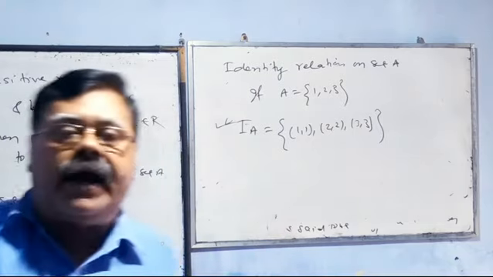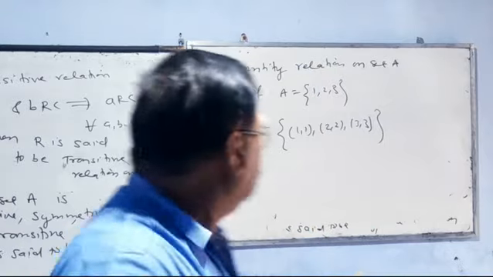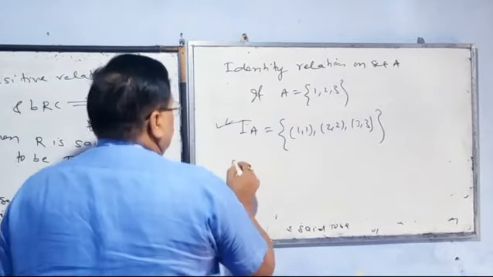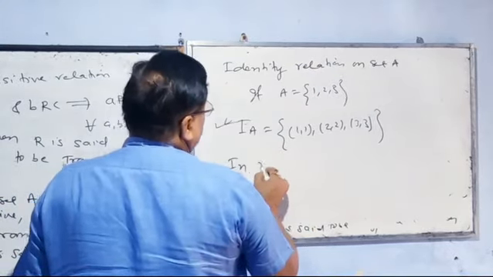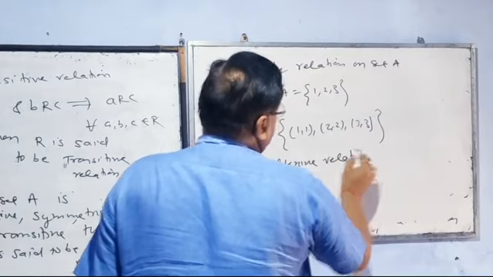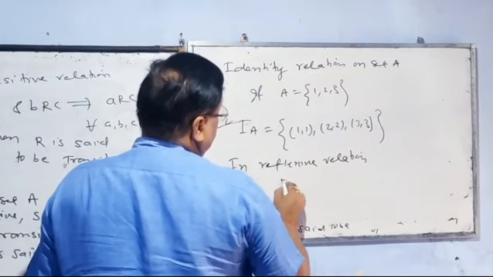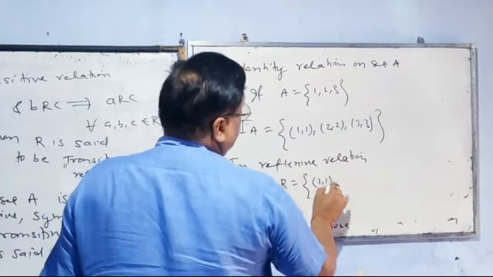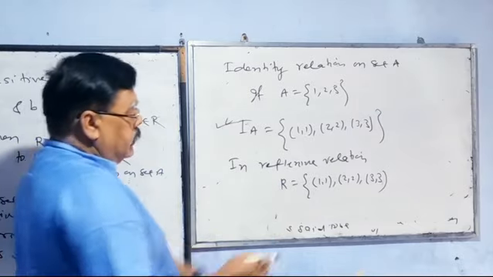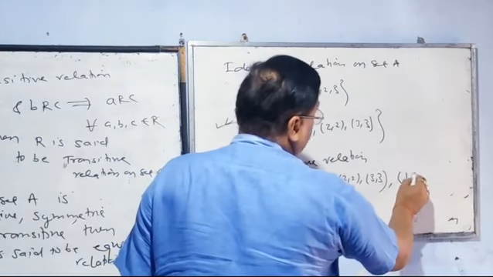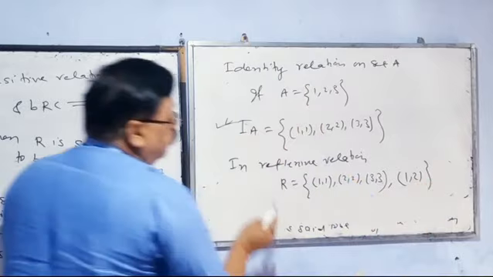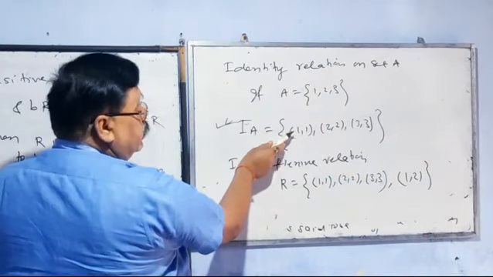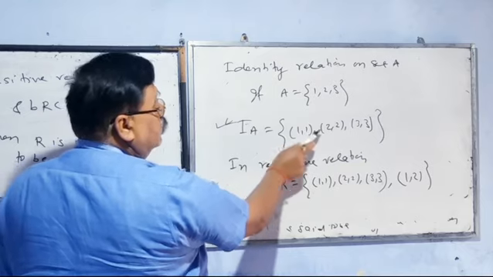What is the difference between identity relation and reflexive relation? In a reflexive relation, if R has (1,1), (2,2), (3,3), other than this it may also contain (1,2). But an identity relation only contains (1,1), (2,2) and (3,3).